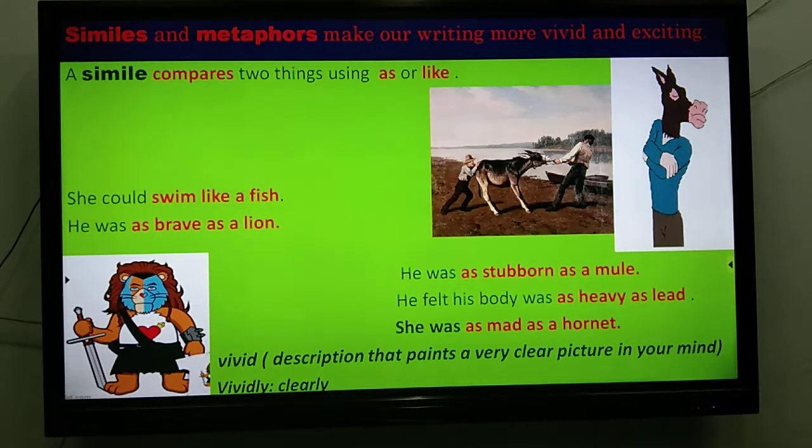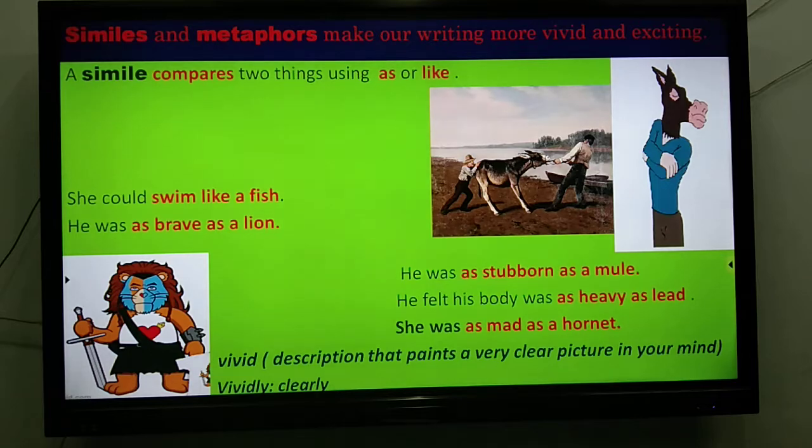He felt his body was as heavy as lead, the metal lead. Now, even in our writing, we had discussed some similes and we had used all these similes. For example, when the boy was drowning, he felt that his body was as heavy as lead and he would soon drown.